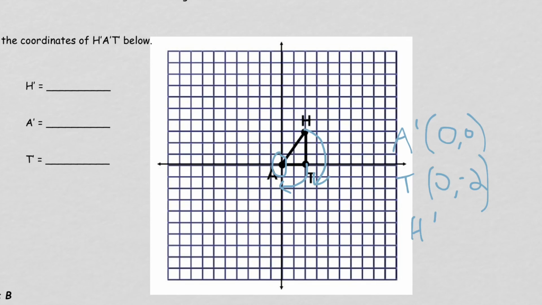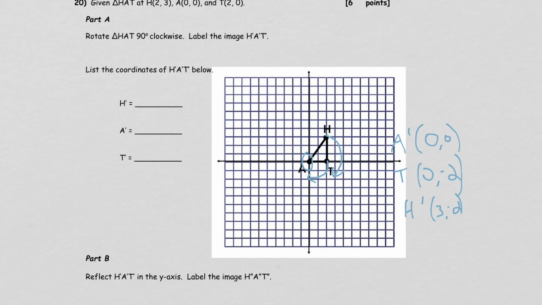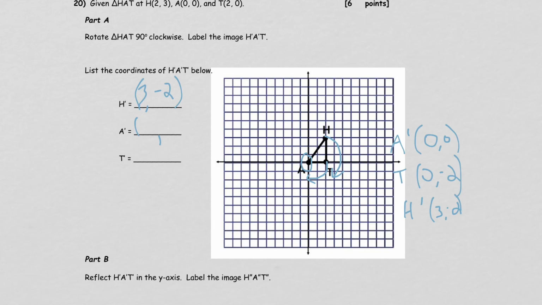So H prime is going to be at 3, negative 2. So if I did that right, we've got H prime is 3, negative 2, and A prime is 0, 0, and T prime is 0, negative 2.